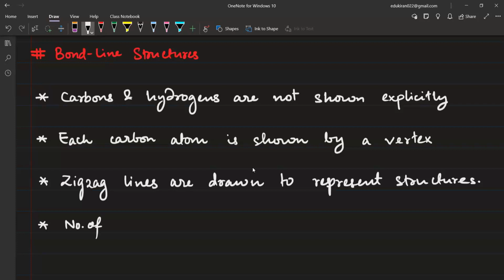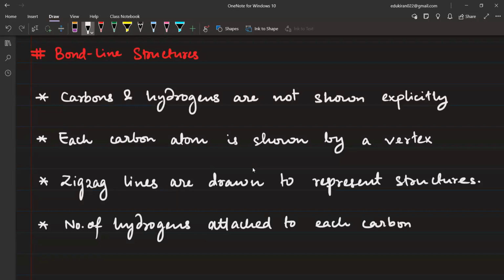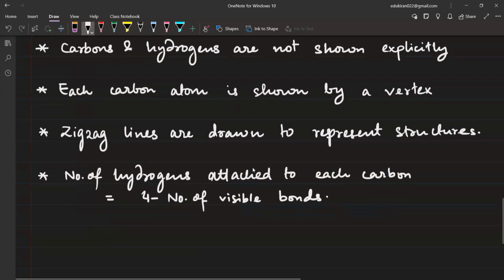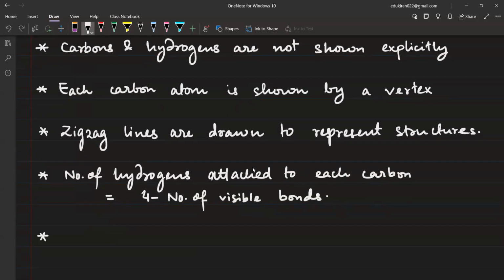Number of hydrogens attached to each carbon is equal to 4 minus number of visible bonds. Number of visible bonds.